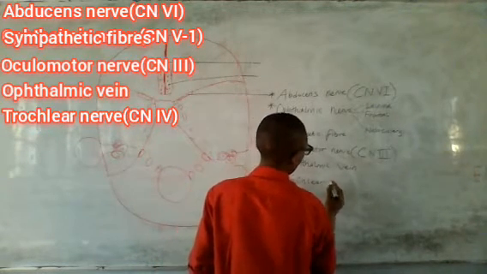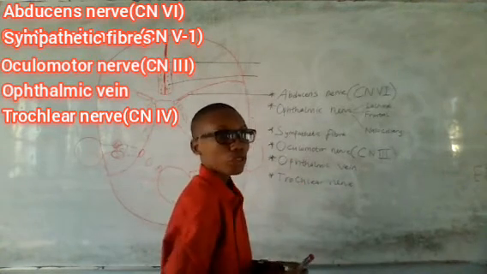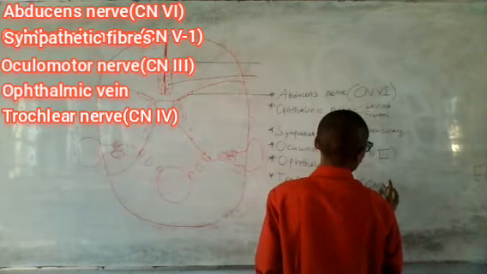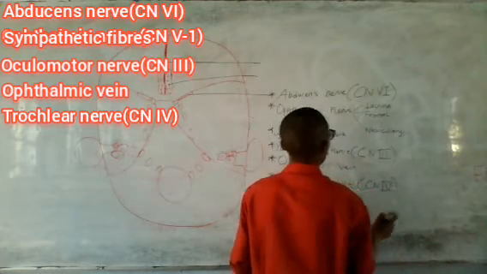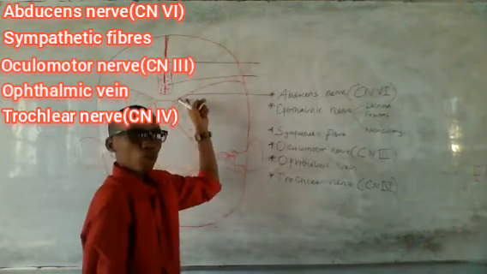The trochlear nerve is the fourth cranial nerve. So these are the structures that pass through the superior orbital fissure.